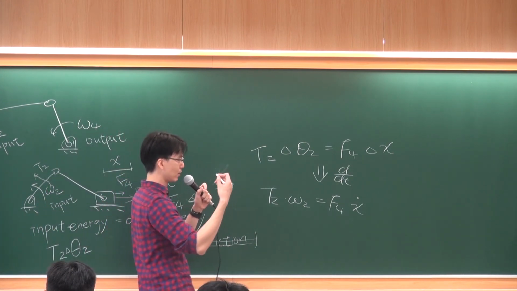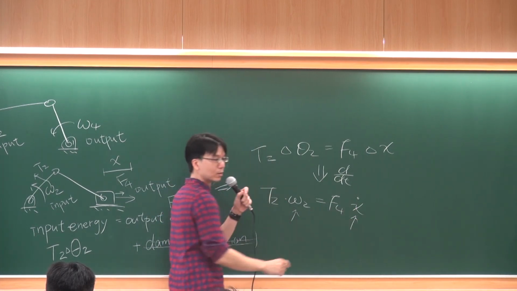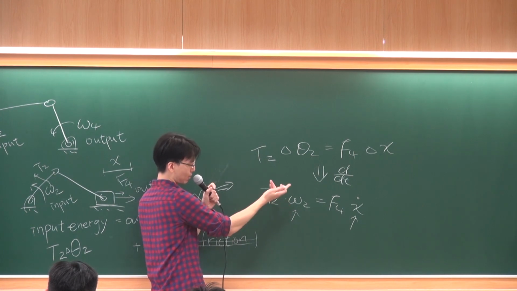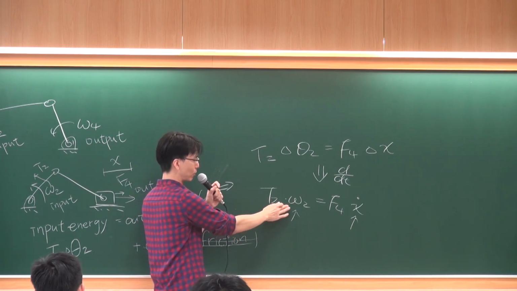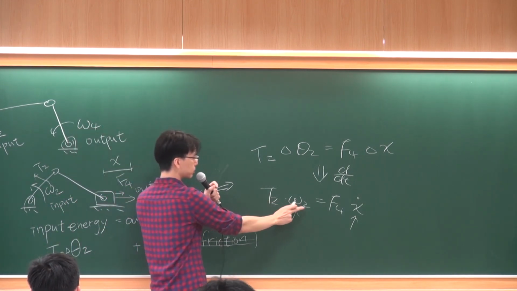Once we finish the velocity analysis, we can get this too, right? We will know the velocity of link 4, and this one is the input, we will provide the omega 2 for this mechanism. So we know this too.